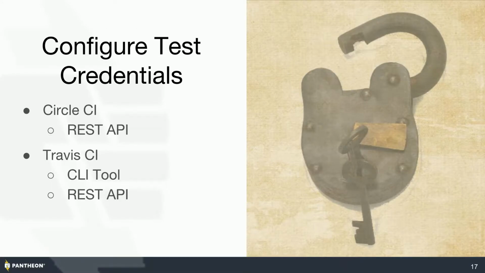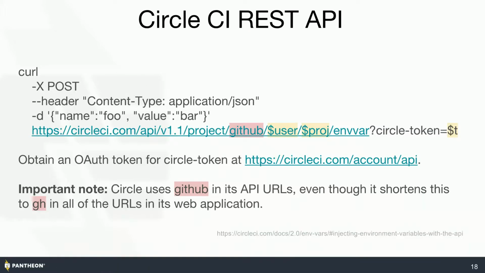It's also possible to configure test credentials on Circle CI and Travis using either the REST API or a tool. Here's an example of the Circle CI REST API. You might want to look at the slide more for reference, but basically what we're doing here is setting an environment variable.